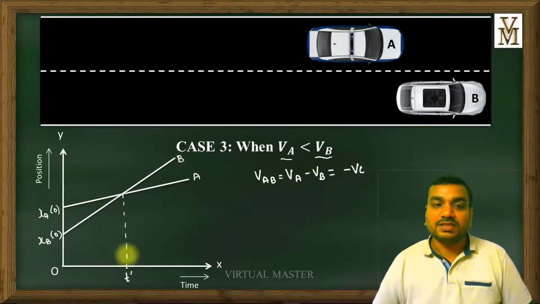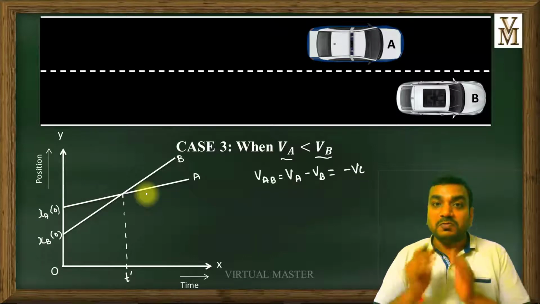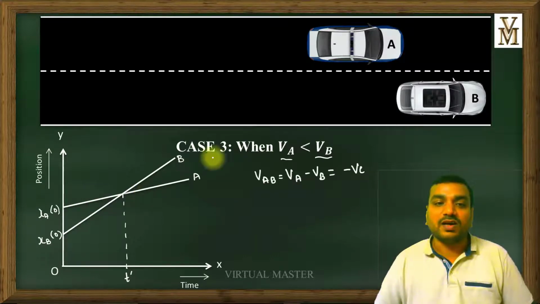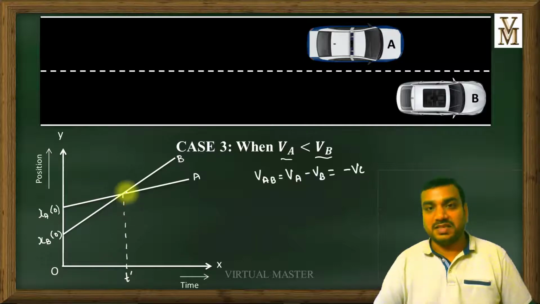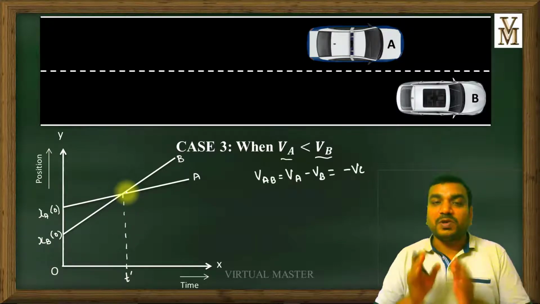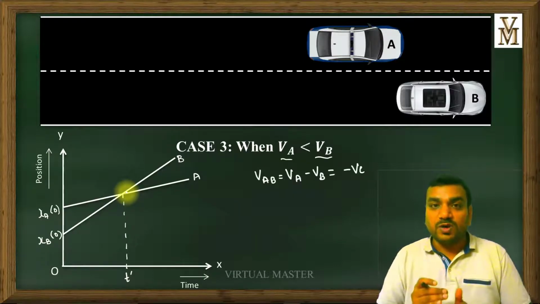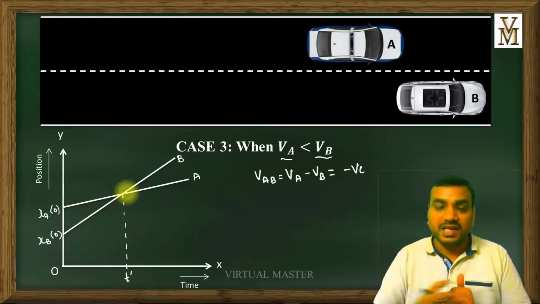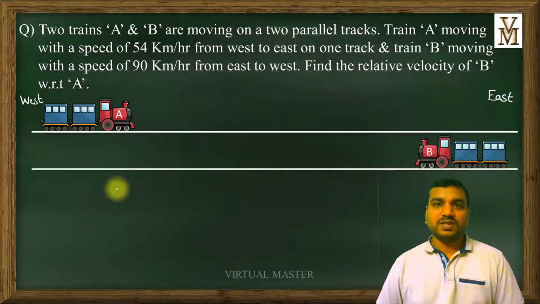At time t dash, the curve of car B is crossing the curve of car A, which means car B is overtaking car A after t dash seconds. I hope everyone has understood how to plot the position time graph of the two cars in the third case. Now let us solve the first question of our session.